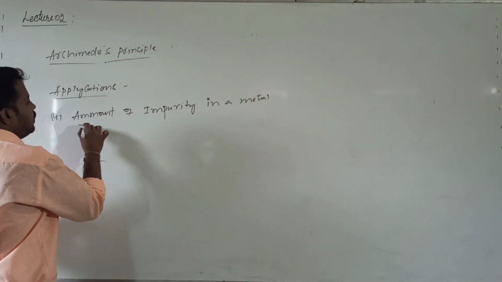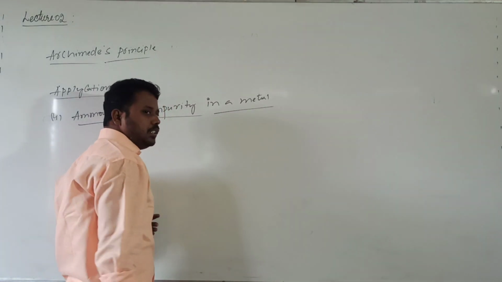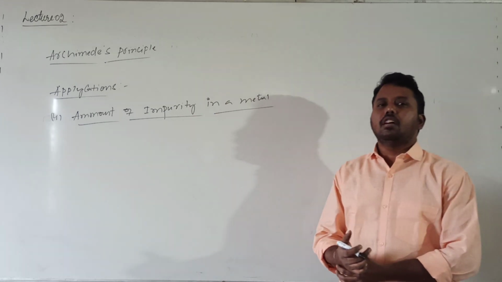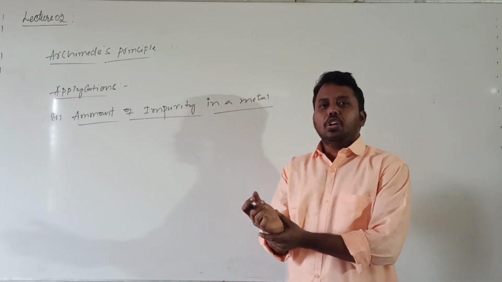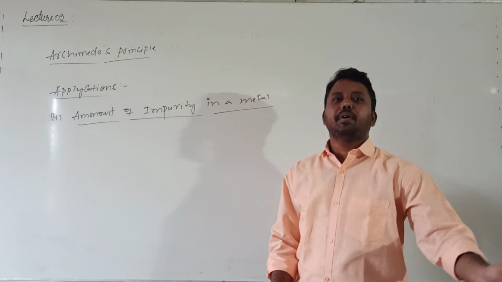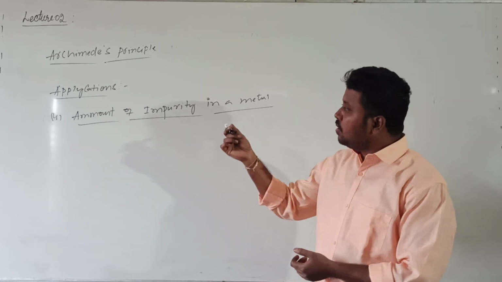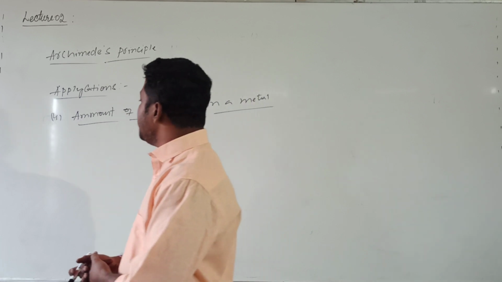We can find out the amount of impurity by using this Archimedes principle. Take the example of gold. If you want to make ornaments with gold, copper is compulsorily added. So we should know how much copper is added. That can also be calculated by using this Archimedes principle.